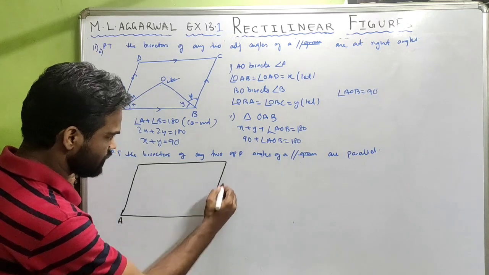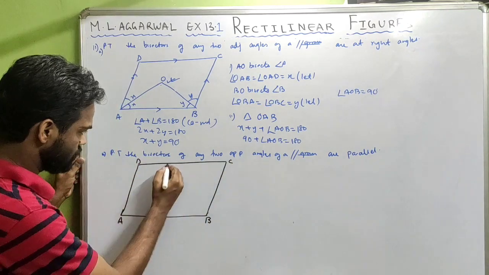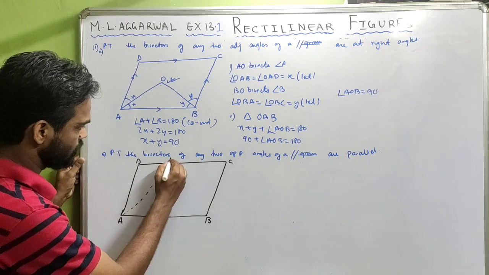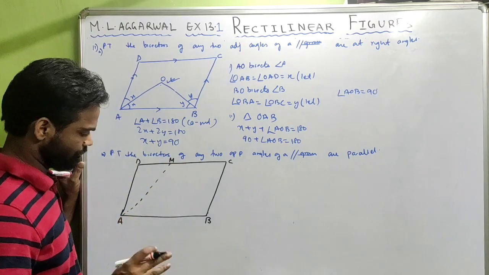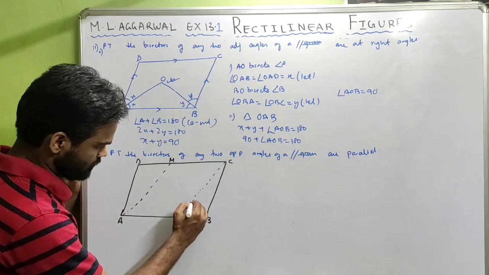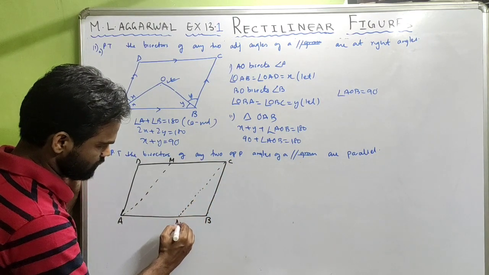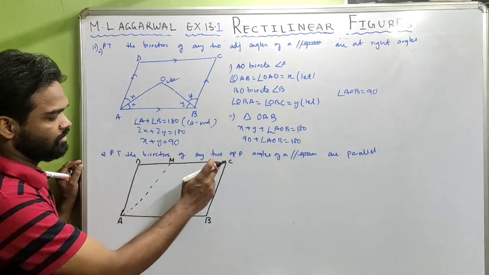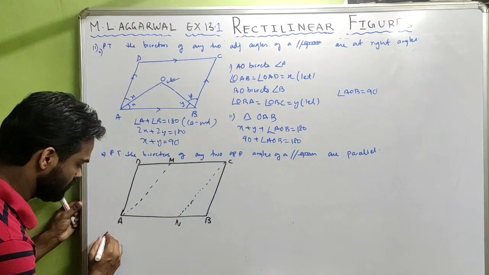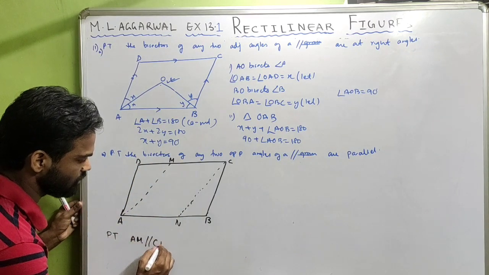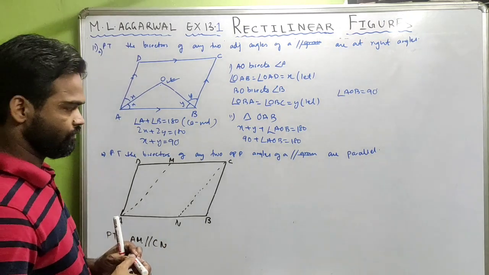A, B, C, D. Suppose AM is the bisector of angle A and CN is the bisector of angle C. We need to prove that AM is parallel to CN.